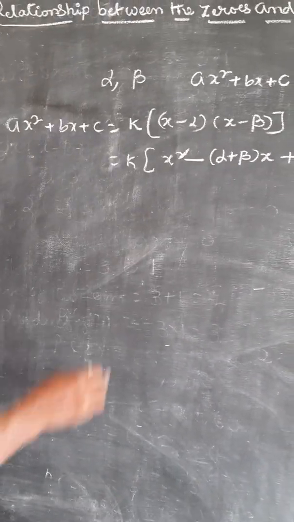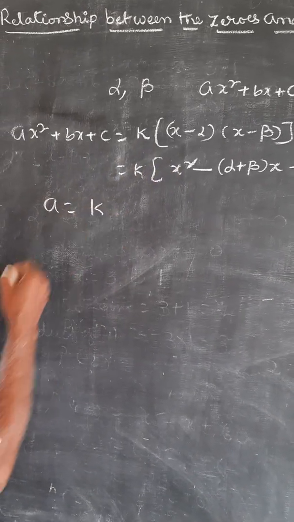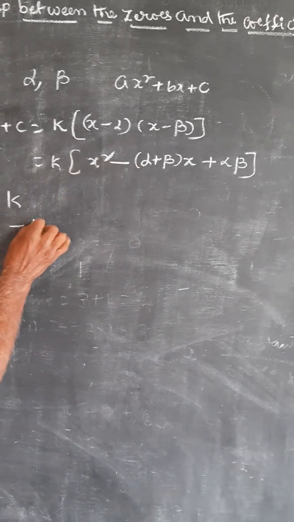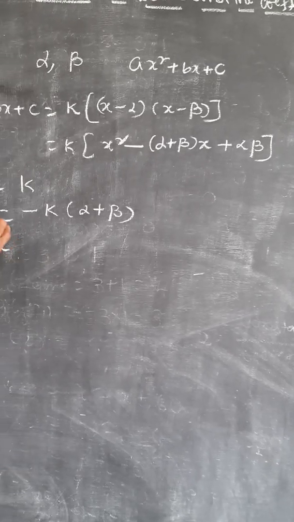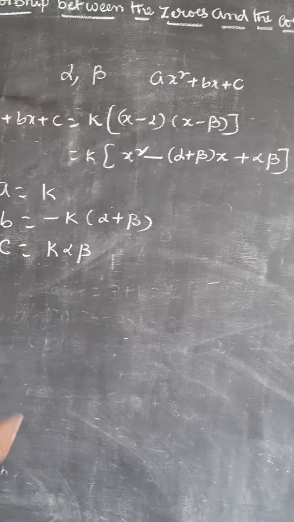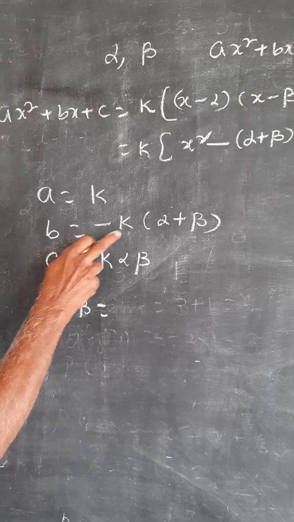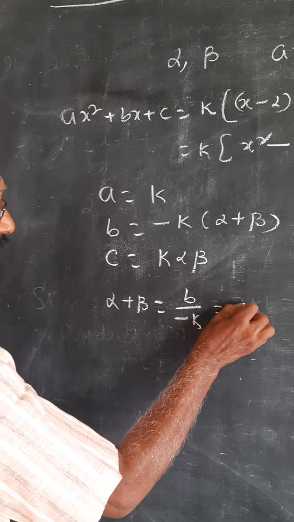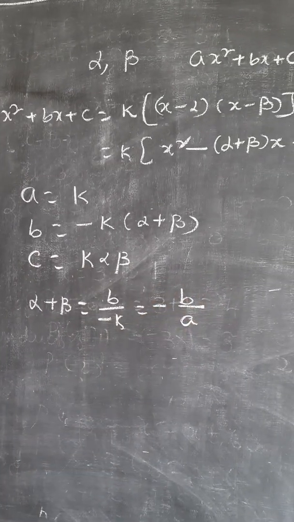Compare the like terms on both sides. First, the x² coefficient: a = k. Next, the x coefficient: b = -k(alpha + beta). Compare the constant term: c = k alpha beta. From the second one, alpha + beta = -b/k, and k = a, so substitute k = a.